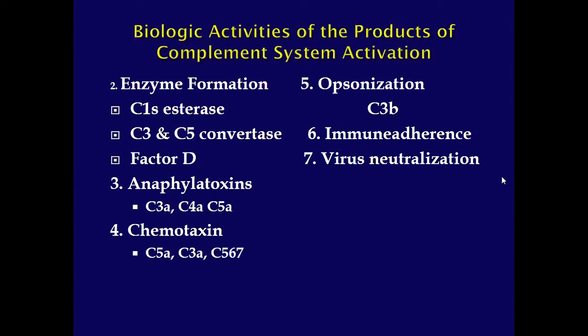So we have C3A, C4A, and C5A. Then we have the chemotaxins formed by C5A, C3A, and C567. This part of complement facilitates the chemotaxis of the cells going to the area where there is inflammation or infection.